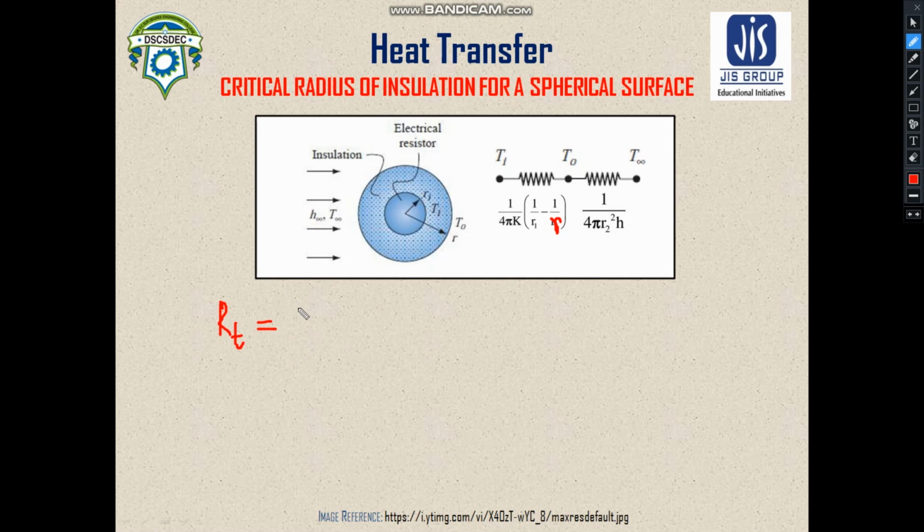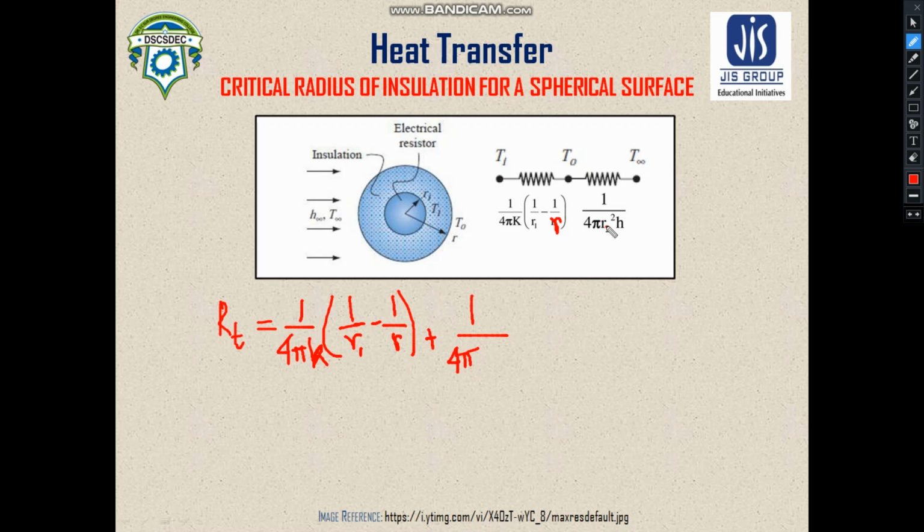We just add it up: 1 by 4 pi k into (1 by R1 minus 1 by R) plus 1 by 4 pi R square h infinity.